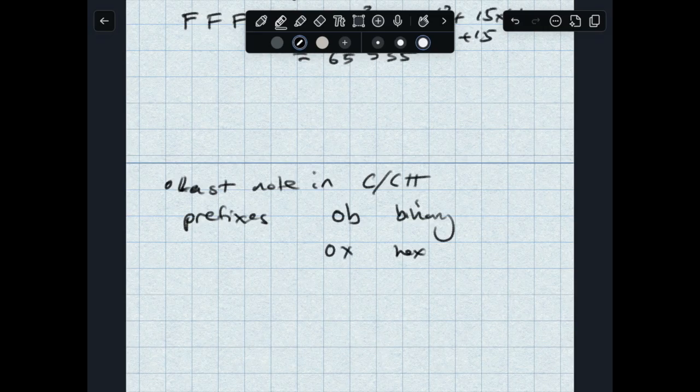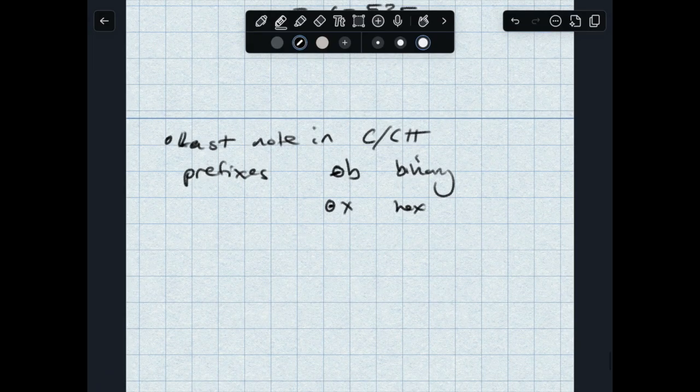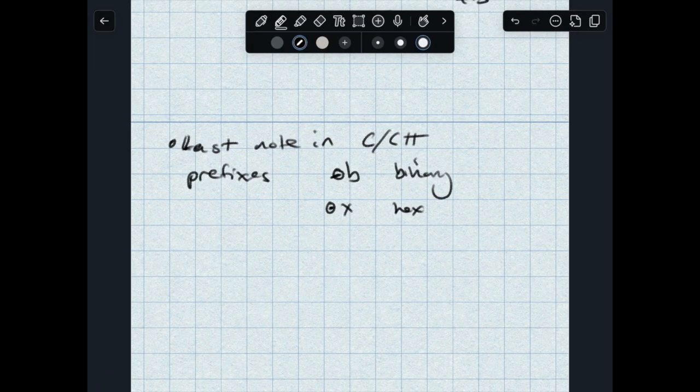This is not an O, it's a 0. I'll put a line through it so you can see that's a 0. That's probably worse. All right, so in other words, if I had 0b1111, that's the same as 0xF, which is the same as 15 in decimal.